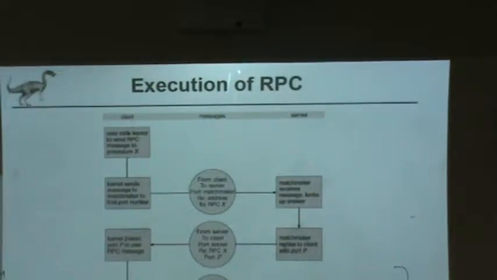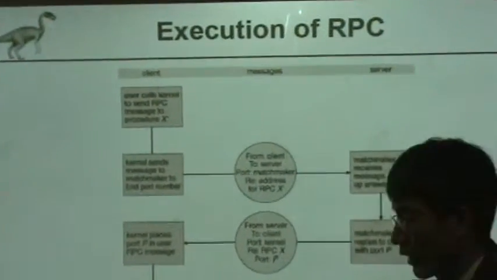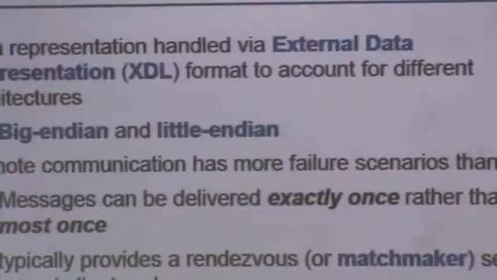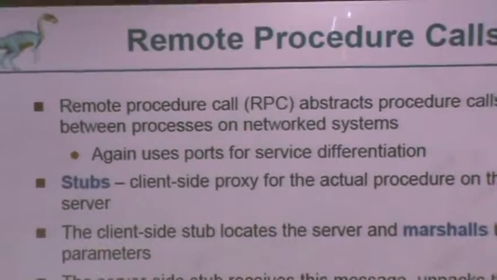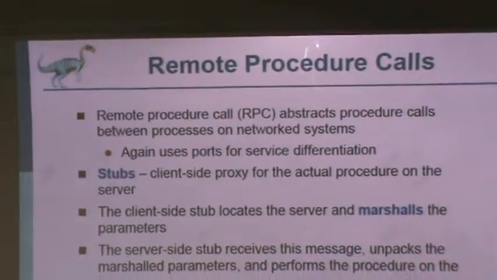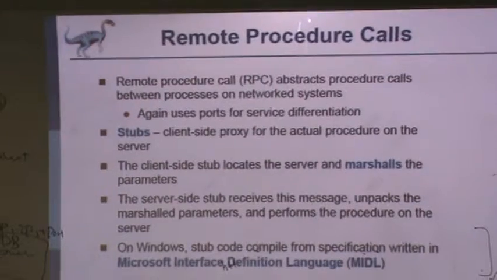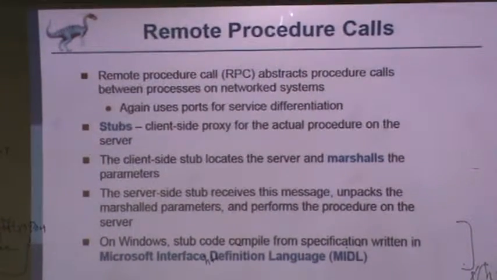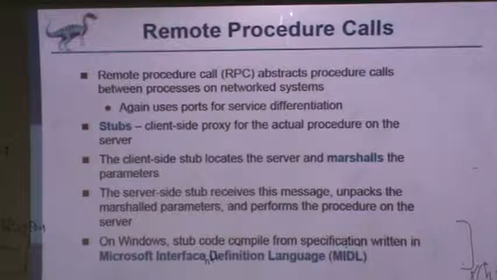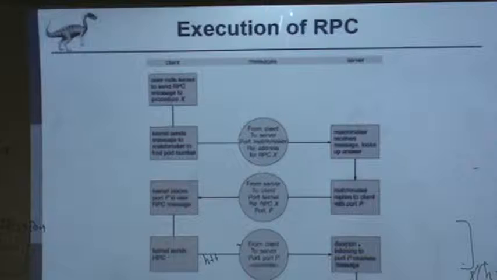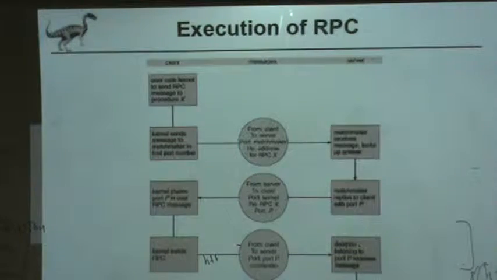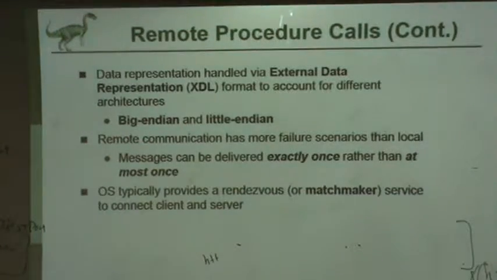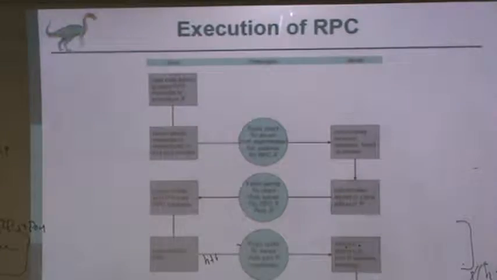On the client side, first, there is the stub. The stub is a kind of proxy on the client side to execute the procedure on the server side. Server-side procedure, and let's see this one.